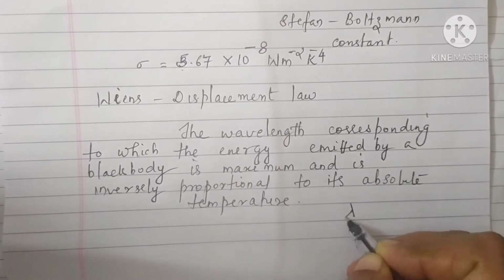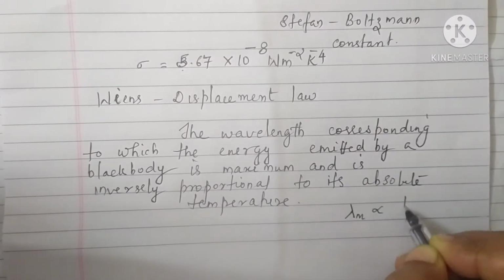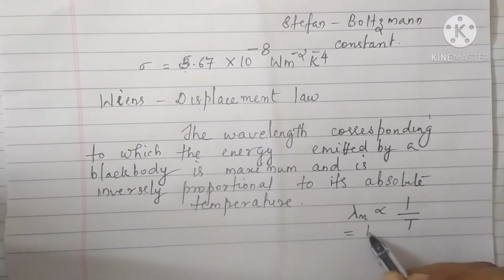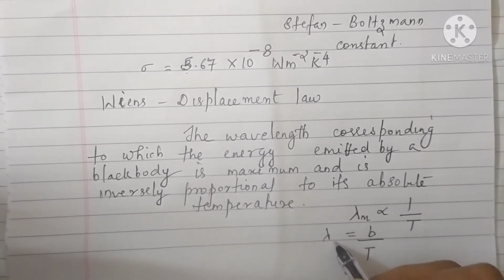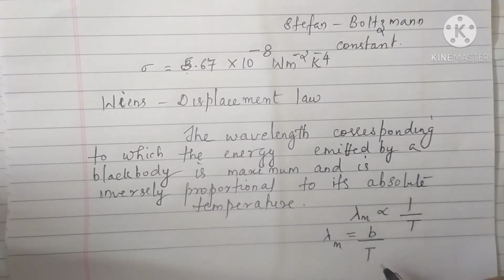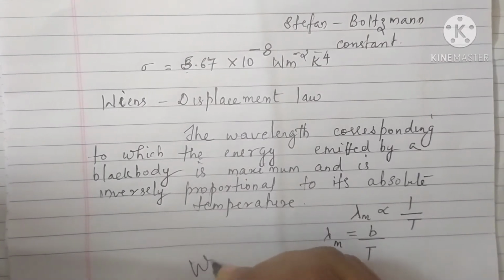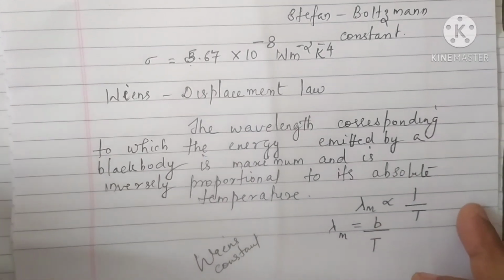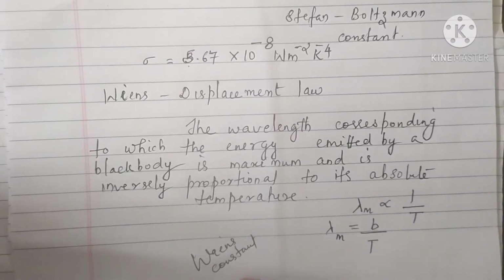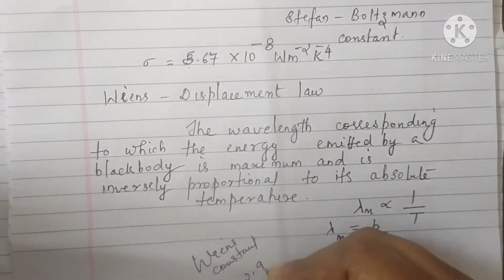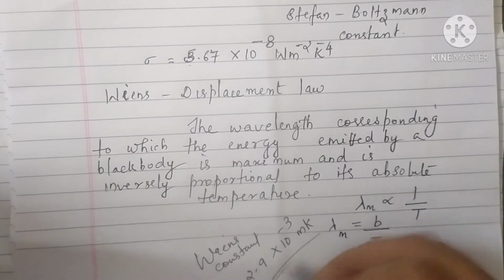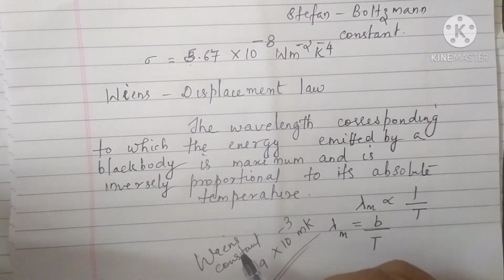So we can write it as lambda m is proportional to 1 by T. Lambda m is inversely proportional to T, and this proportionality sign can be changed by a constant, that is b by T. So lambda m is equal to b by T, and this b is called Wien's constant. It has the value 2.9 into 10 raised to minus 3 meter Kelvin. Understood? So this is the unit for Wien's constant.